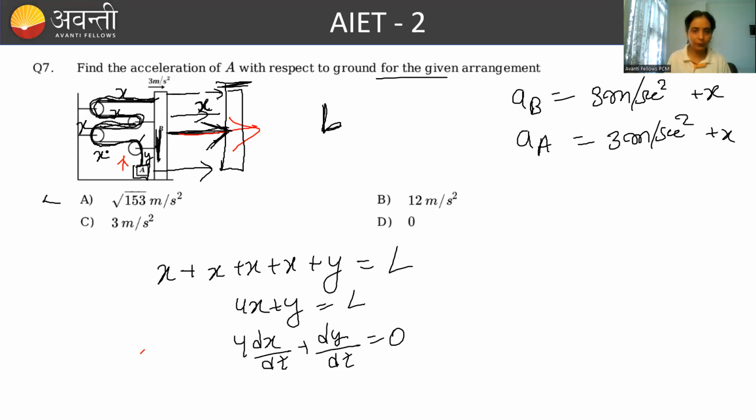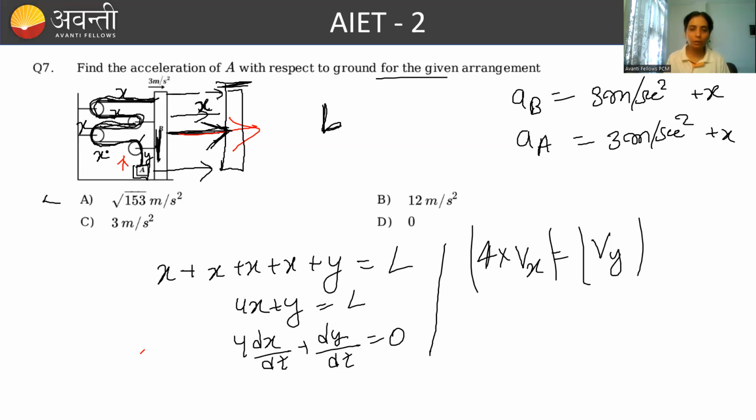So if you put the modulus here, 4 into velocity in x direction, dx by dt. So 4 into vx equal to vy. है ना? So vy will be how much? Vy will be equal to 4 into vx.